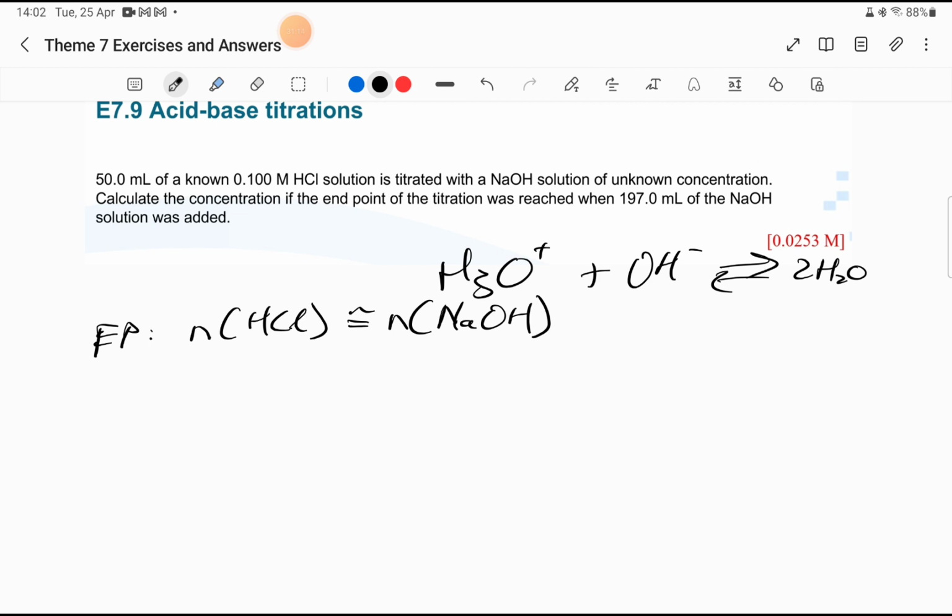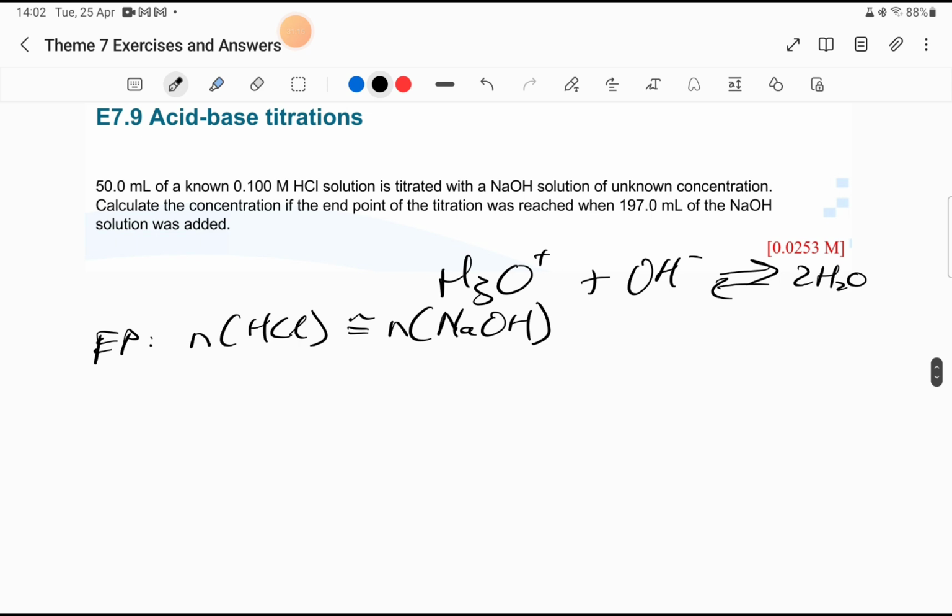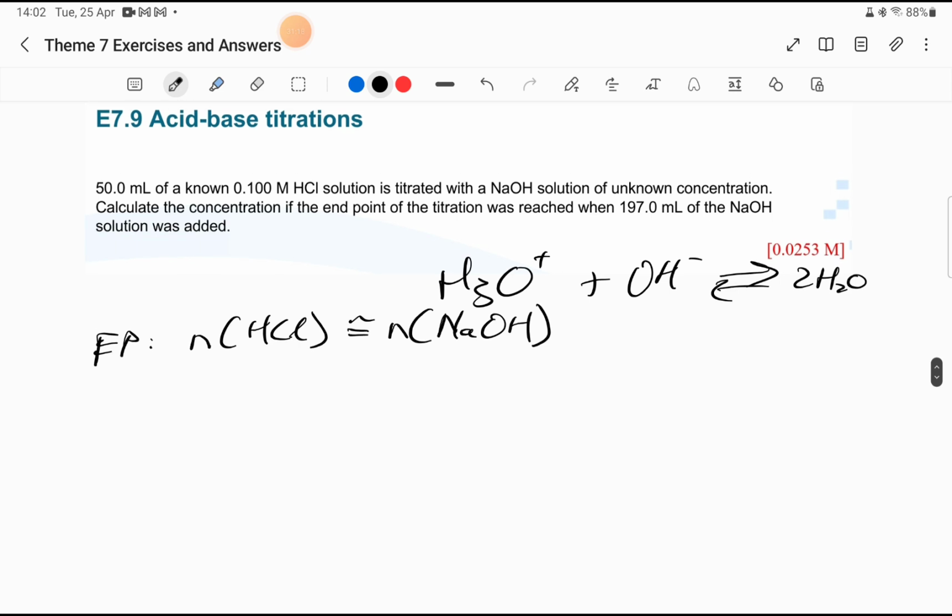There's a bit of a shortcut that your textbook also uses, and that is using units and dimensional analysis. So if we want to calculate NaOH, we can say that'll be our concentration of HCl, and then we'll take a ratio of the volume.